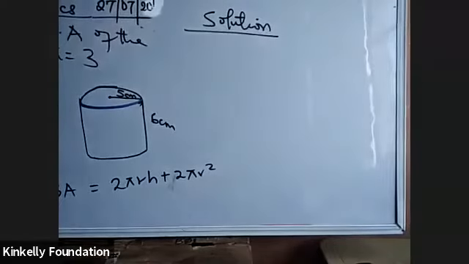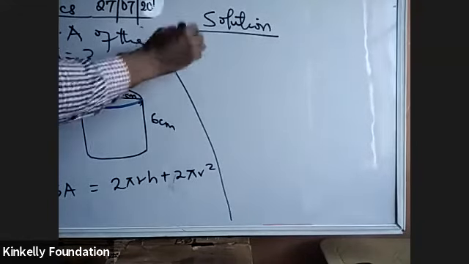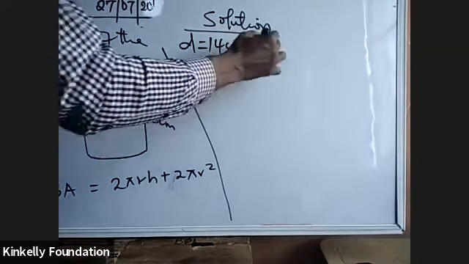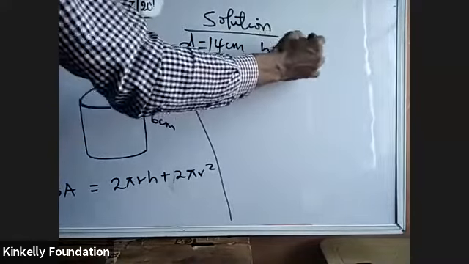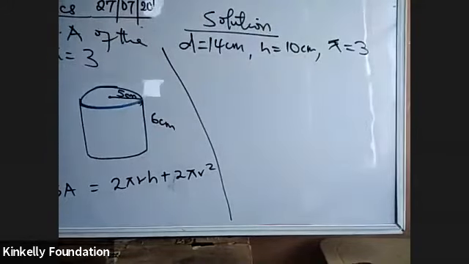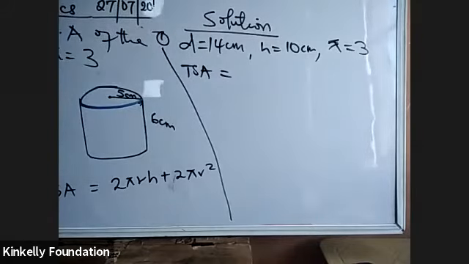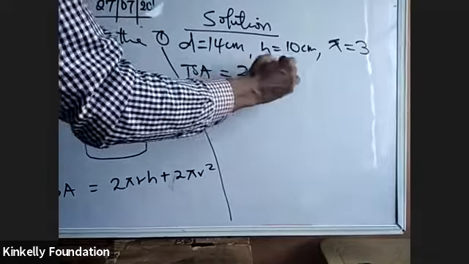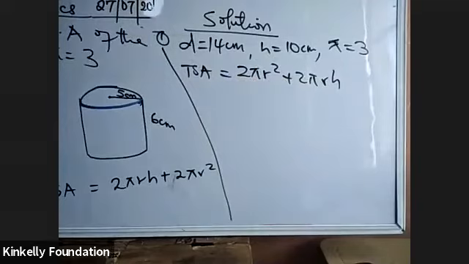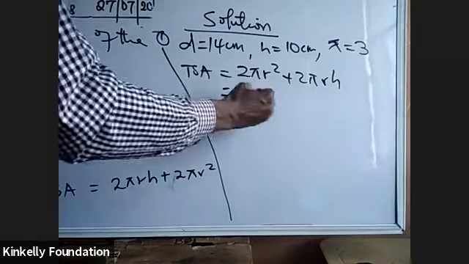For the first one, we have this shape. Diameter is giving us 14 cm, and the height is giving us 10 cm. Wait, sorry. So the TSA, I forgot, is 2 pi r squared plus 2 pi r h. When we consider this thing to be a solid cylinder, we factor that to be this.